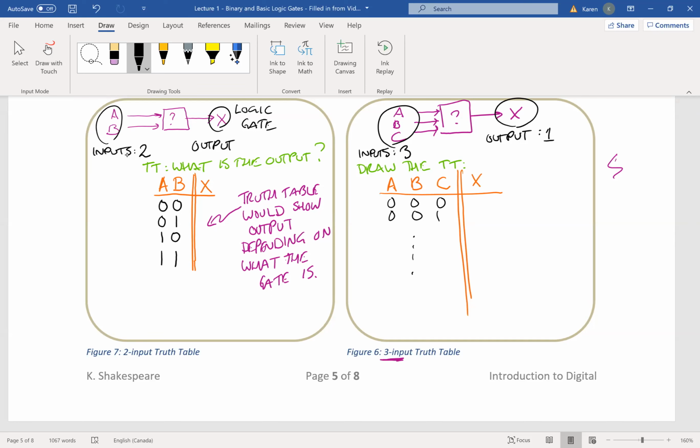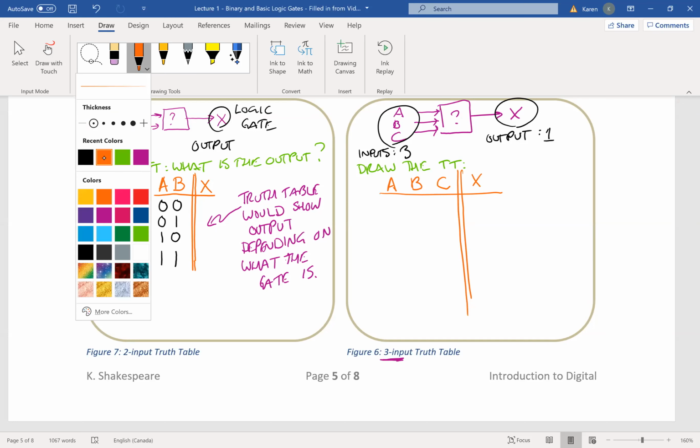So I'm going to show you a trick for filling in truth tables. There is only one way of filling in truth tables. What you have to do is you have to know how many combinations there are for any truth table.